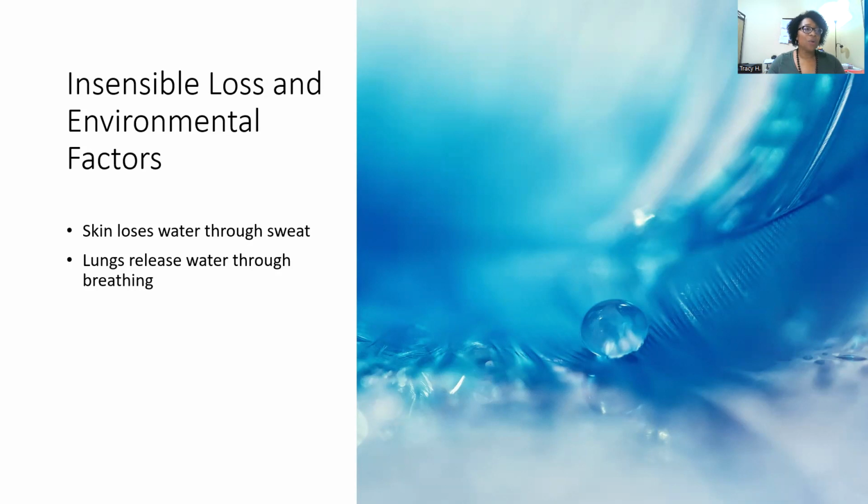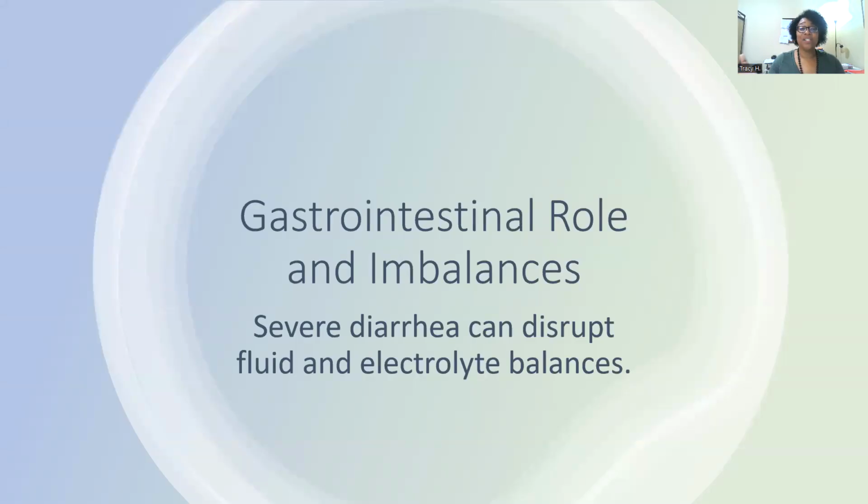Okay, and lastly, we talk about the skin and the lungs, but then we also have to think of our GI tract, the gastrointestinal role in fluid and electrolyte imbalances. The gastrointestinal tract moves a significant amount of electrolyte-containing fluids. All righty. The body is really smart.